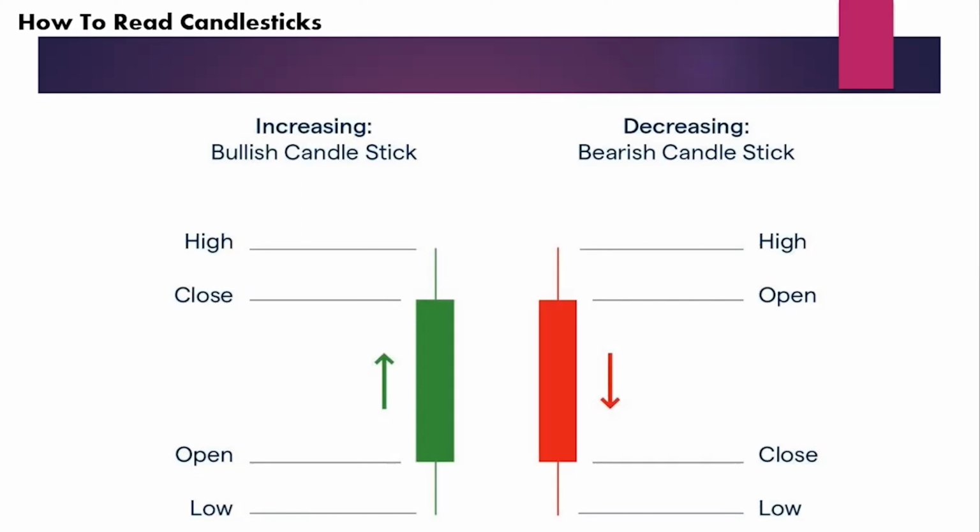And then a red candlestick basically tells us that the price has gone down. All right, so this is what it is. Blue candlesticks tells us that the price has gone up, and then red candlestick tells us that the price has gone down.